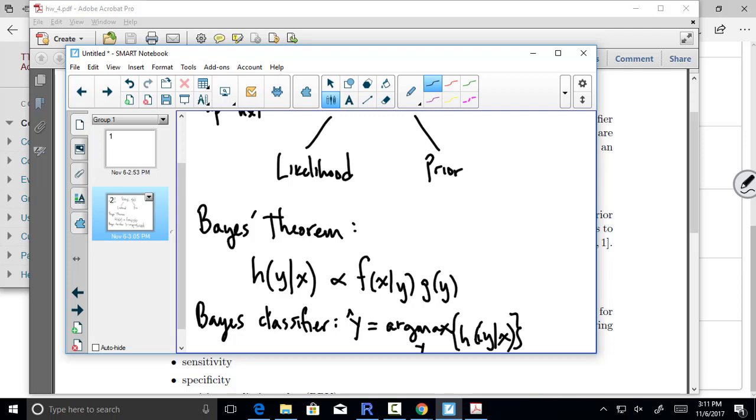You postulate a likelihood, you come up with a prior, you apply Bayes' theorem to get posterior probabilities, and then your prediction for a given individual with given covariates is based on which of the classes has the highest posterior probability. Given the data, the probability this individual is obese is 0.6. The probability they're not obese is 0.4. So my classification will be obese because the highest posterior probability is that they are obese.